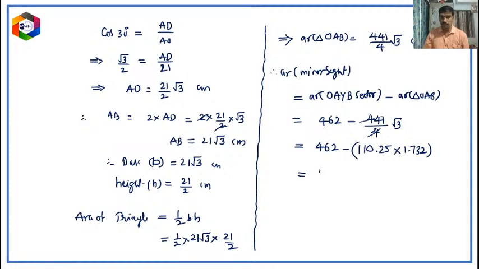I think somebody has directly written the answer, but that is the correct answer. But you can calculate it by multiplying 110.25 into 1.732.